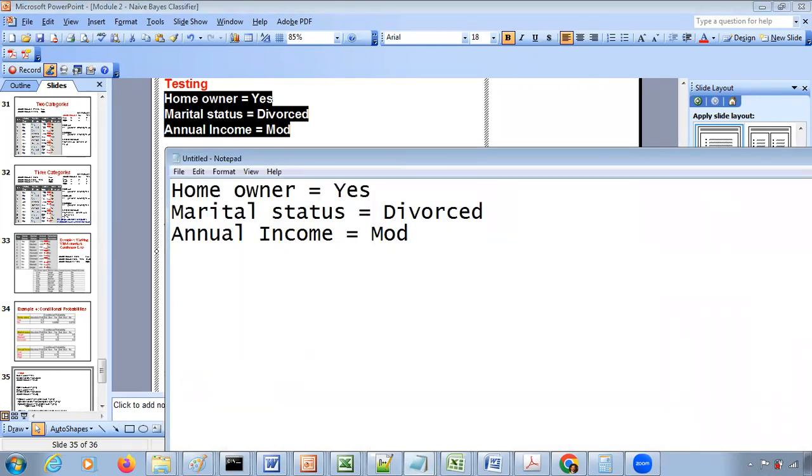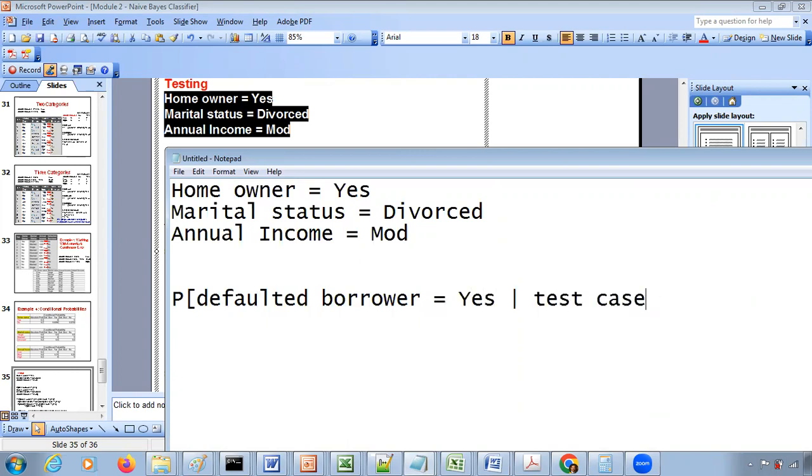So we want to find the probability that someone will be a defaulted borrower equals yes, given the test case, and then we have to find the probability for no. So let's do that.